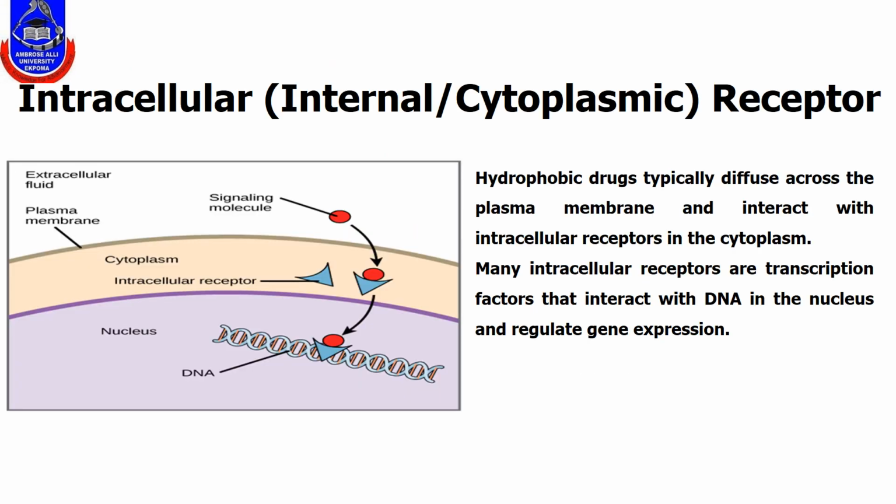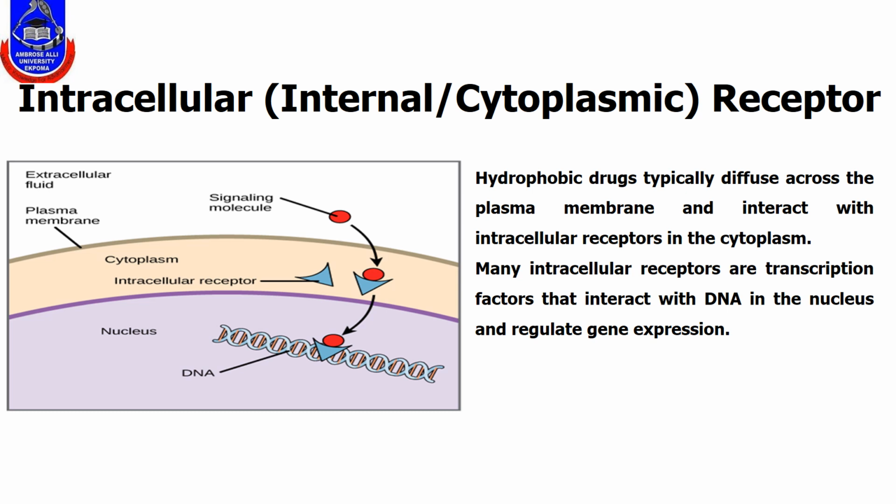Now let's look at intracellular receptors. The intracellular receptor is also known as internal receptor or cytoplasmic receptor. Any one of these can serve. You can see the structure there, the diagram there. The intracellular receptor is found in the cytoplasm, where they direct hydrophobic drugs.